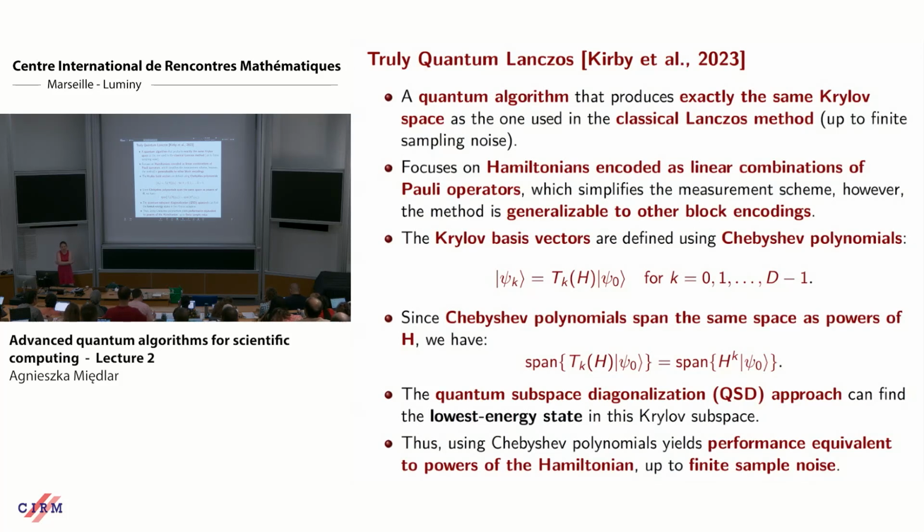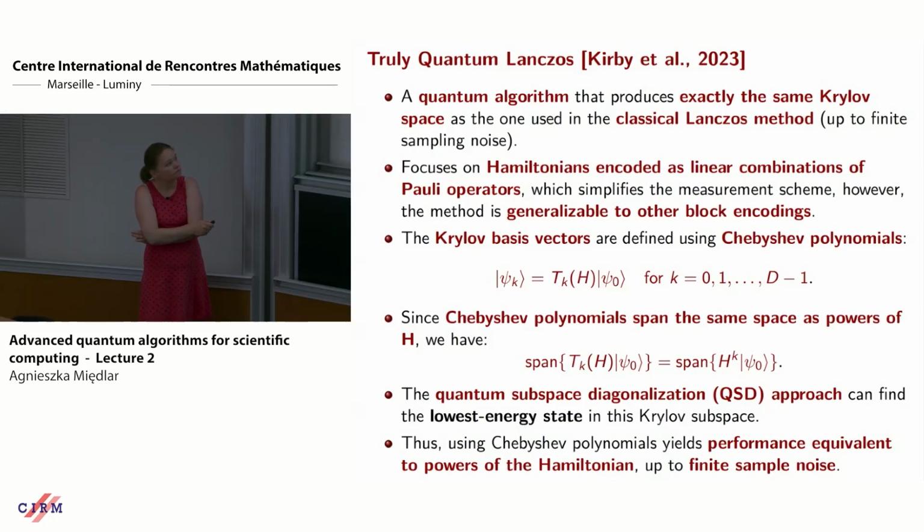So the Krylov state will be nothing else than applying the Chebyshev polynomial evaluated on the operator H, the Hamiltonian, to the initial state. It is like applying the powers of the Hamiltonian H up to order D to your initial state. That's why we needed qubitization, because I need to be able to do this.